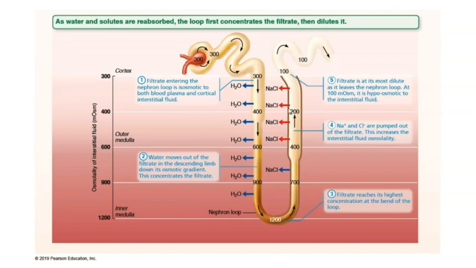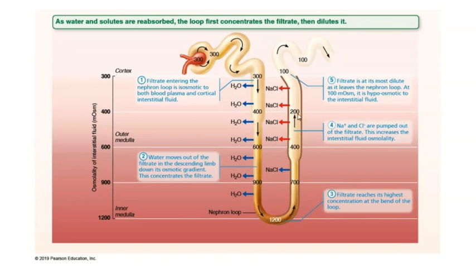So the cool thing here is that the ascending limb is able to produce a filtrate that is much less concentrated than our body tissues. As filtrate rises from the hairpin turn in the nephron loop up into the ascending limb, sodium chloride is actively transported out and the filtrate becomes less concentrated. That is, its osmolarity decreases, but the osmolarity of the tissue fluid is still fairly high since sodium is being pumped out.